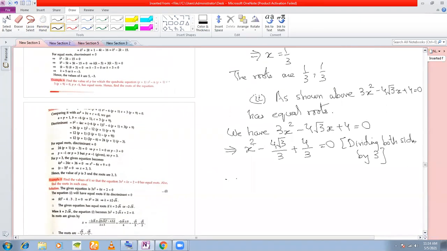Next, see that this is my a square term, right? Now b square term, although it does not look like a perfect square, what we can do is we can write 4 by 3 as 2 by root 3 whole square, isn't it?